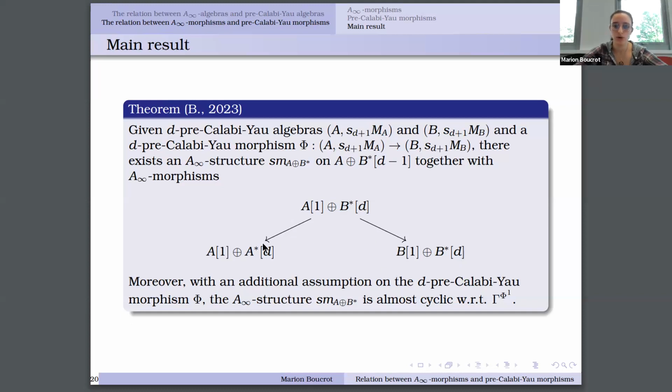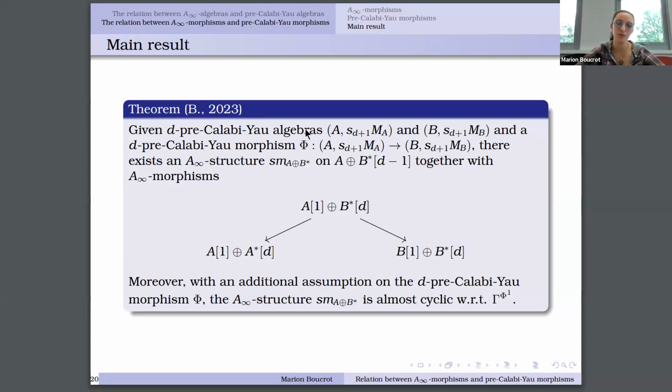Those two infinity algebras have their structure given by the theorem by Kontsevich, Takeda, and Vlassopoulos, given the equivalence between deep pre-Calabi-Yau algebras and cyclic infinity algebras, that restricts to A.